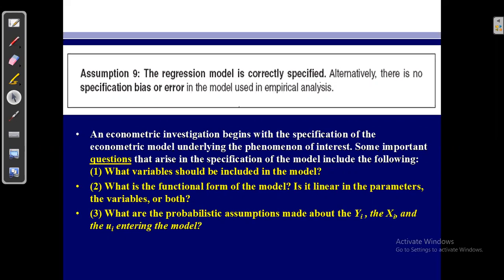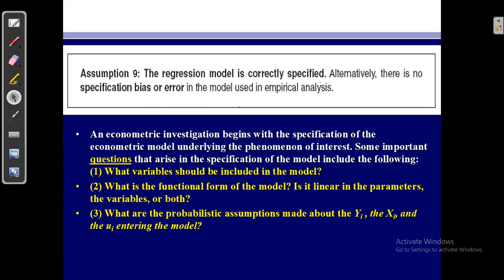But practically, as you know from the discussion, it becomes quite difficult. You only use your best possible knowledge to decide whether the model that you have taken is in correctly specified form or not. So you use ideas from the literature, like extensive literature review. You also use your own personal knowledge, and discussion with your professor and your colleagues, and then decide what should be the proper form of your model.